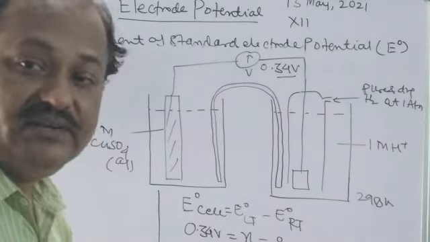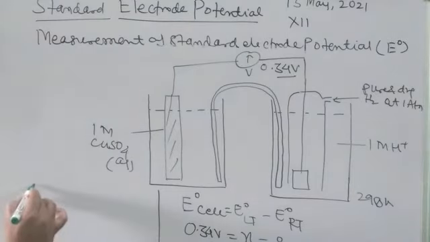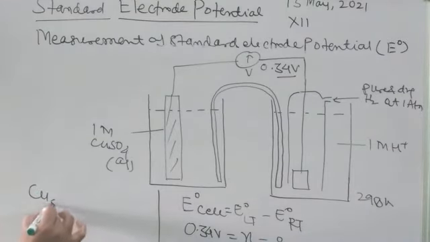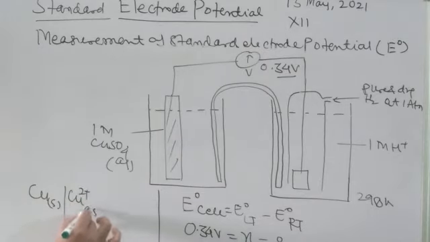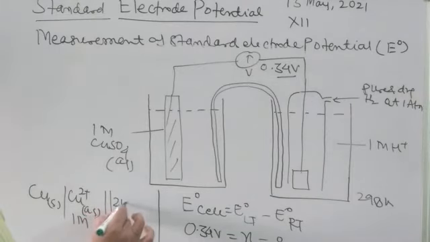So the net reaction can be written as follows. Here we write copper solid, one line, copper ions aqueous, here it is 1 M, then two lines. Again the same conditions, 2H+, H2, here 1 atmosphere, and again there is the platinum.